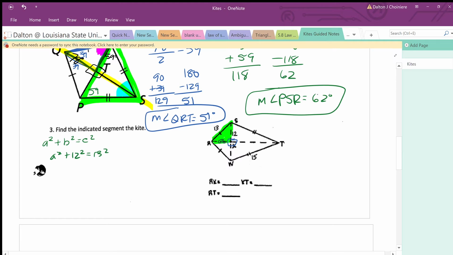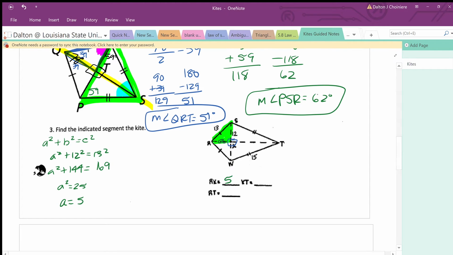And then if I solve this, A squared plus 12 squared is 144 equals 13 squared is 169. If I subtract 144 from both sides, then I get that A squared is equal to 25. And then if I want to get A by itself, I'm going to take the square root of both sides, which means that A will equal 5. So remember, A stands for RX. So there's your first answer.